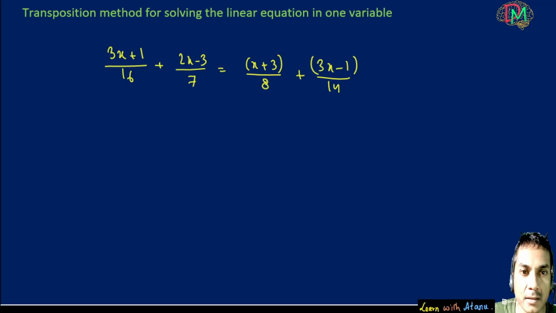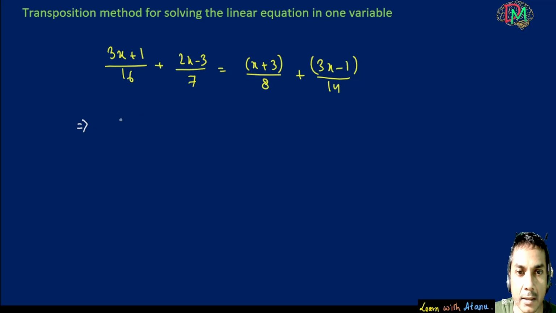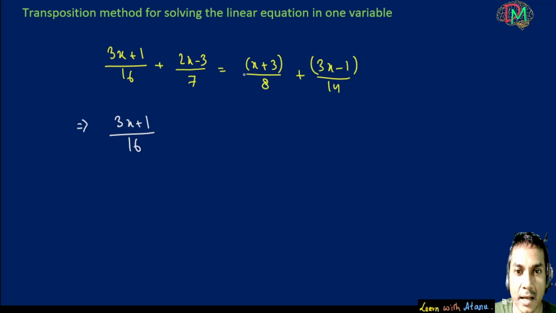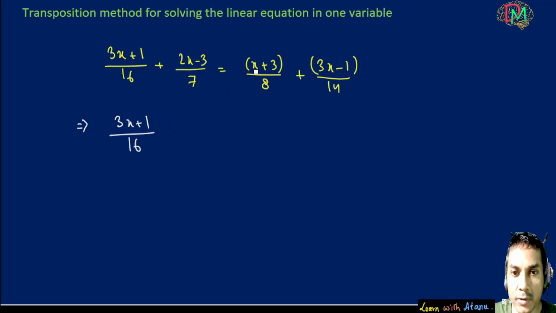What does that mean? So it implies that 3x plus 1 by 16. Next we bring this x plus 3 by 8 from RHS to LHS, and here it is plus, and when we shift from RHS to LHS, it becomes minus.